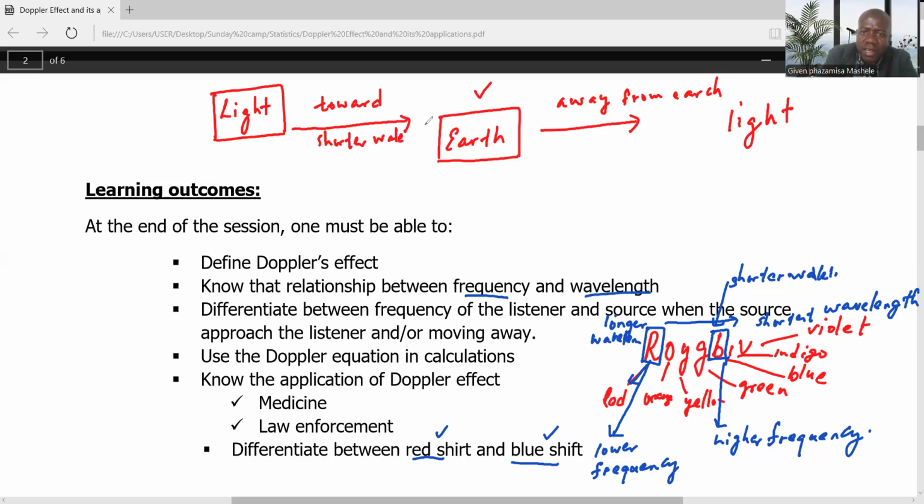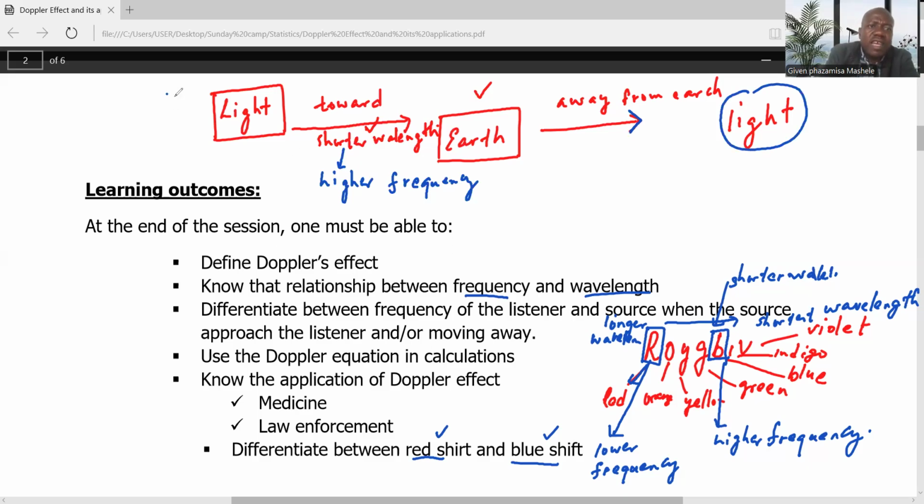And guys, since it has a shorter wavelength because it's approaching the Earth, it is the one that has a higher frequency. But actually, let's not talk about light, let's just talk about stars.